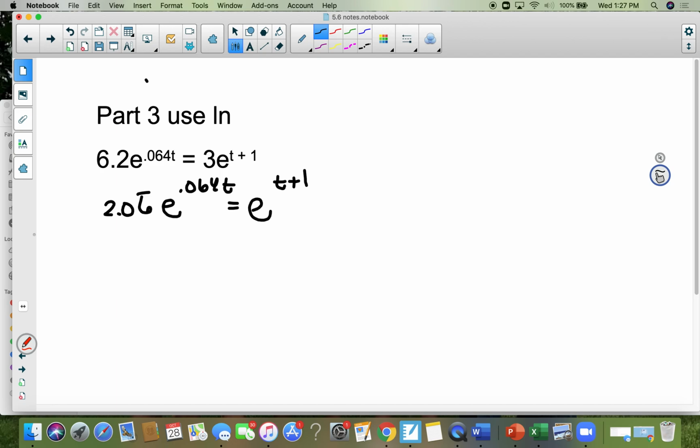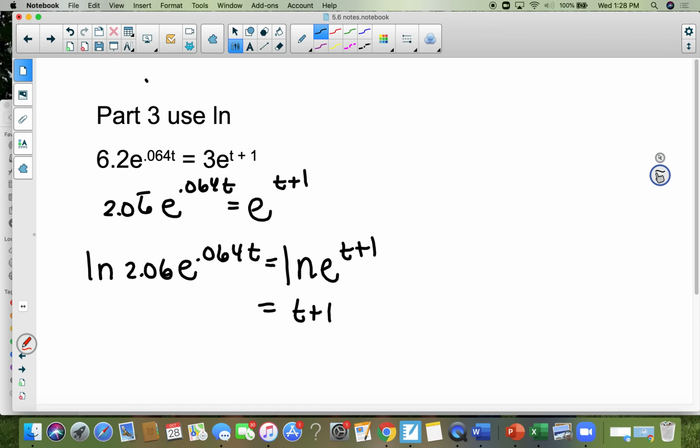I need to take the natural log of both sides of my problem. t plus 1 natural log of e, and remember the natural log of e is 1 from a different chapter, and I can take 0.064t natural log of 2.06. Whoops, I guess separate this up first. This is the natural log of 2.06 plus the natural log of e to the 0.064t.